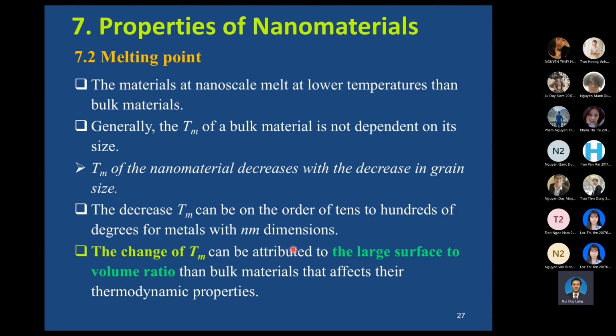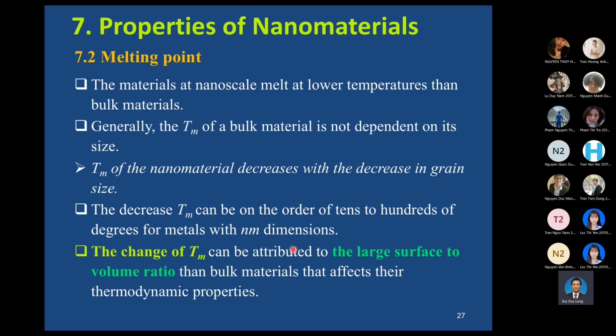If we have very high purity of copper, for example 99.999, so four nines or six nines of purity, the melting temperature can be 1083 degrees C. But the difference here is when the copper becomes nanoscale, the melting temperature will not be the same anymore.